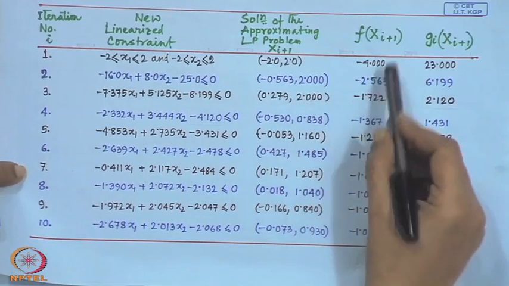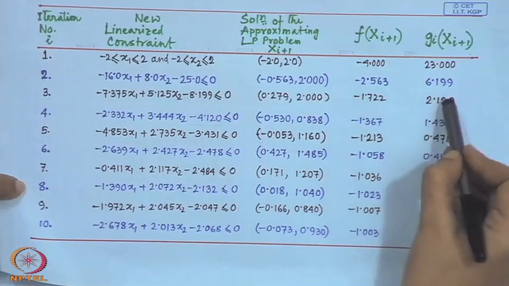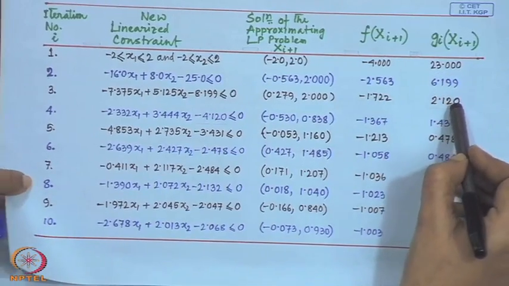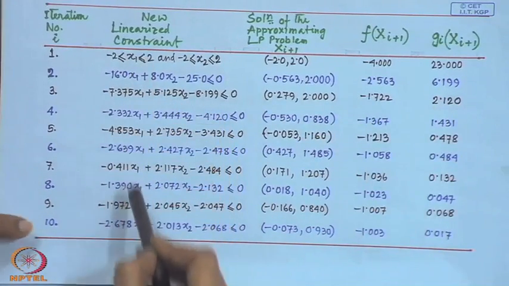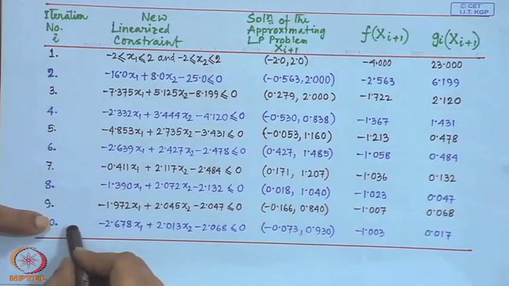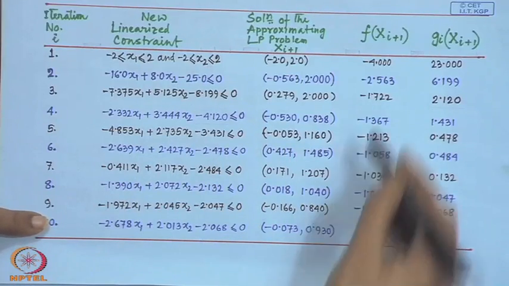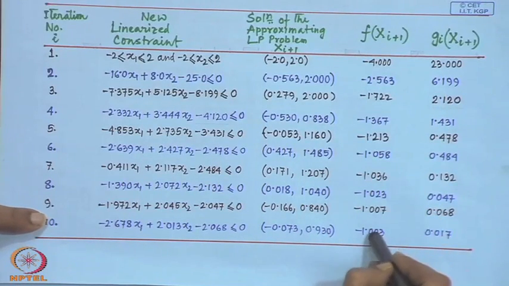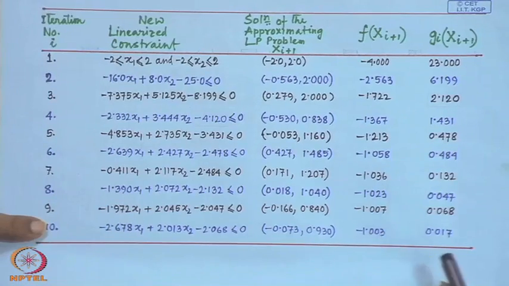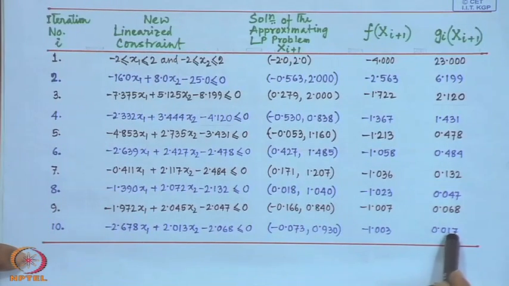Functional value is again decreasing, gj value is decreasing again and again. Thus, we will just repeat the process 10 times. We could see that the functional value is converging to -1 and the gj value is almost 0 here, that is quite acceptable.